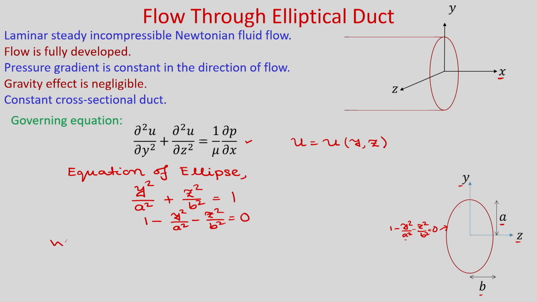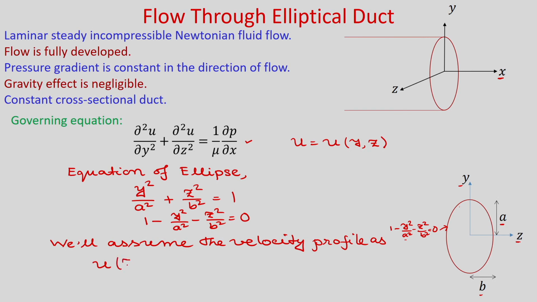So, we will assume the velocity profile as u, which is a function of z and y, equal to some constant A times the equation of ellipse, 1 minus y square by a square minus z square by b square.